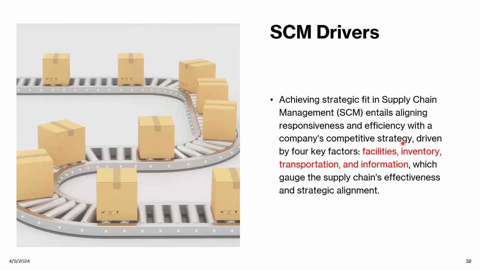So there are factors that can influence the supply chain management system of your organization, your enterprise, all right? So that include facilities, inventory, transportation, and of course information. So these are key factors that can have an impact on the supply chain management system of your enterprise, right?